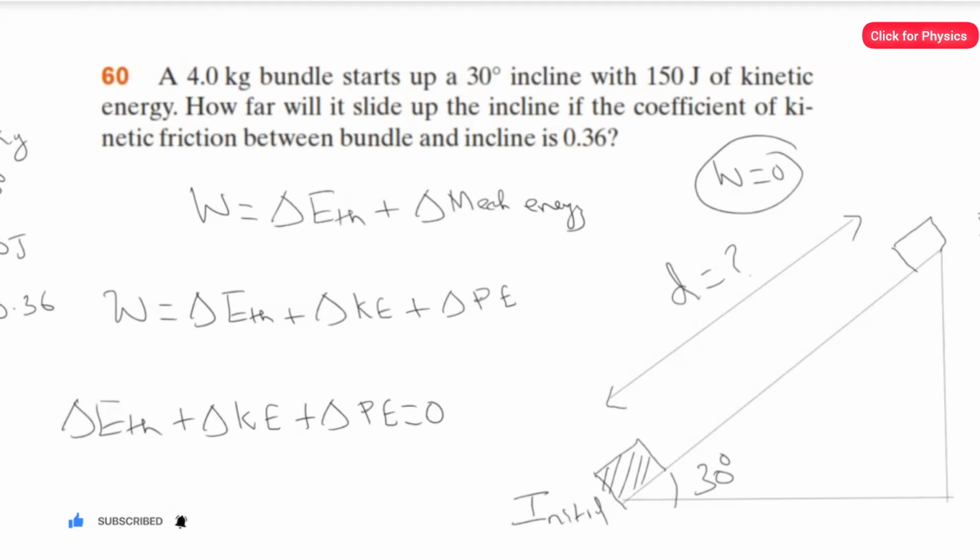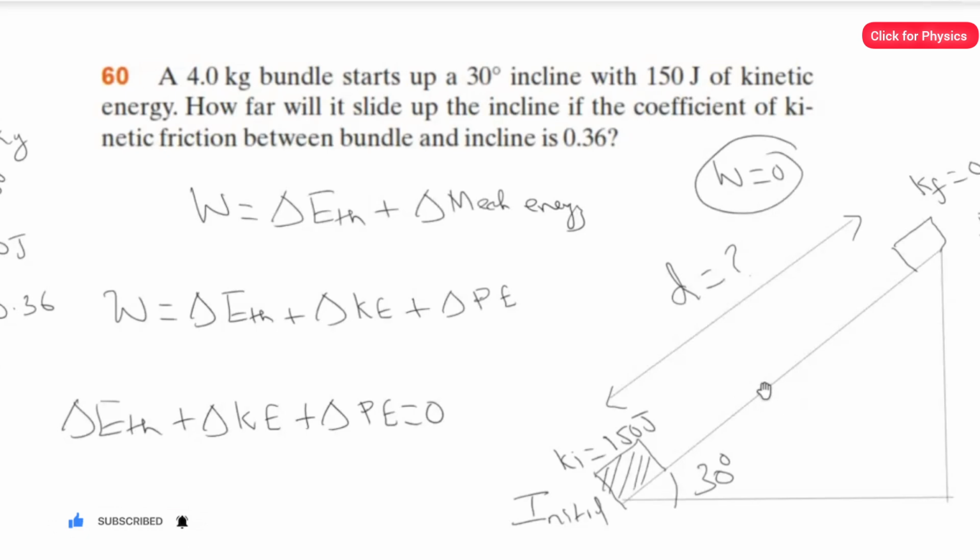As we know the formula for thermal energy, kinetic energy and potential energy, it will be easy to solve this question. In the initial point, the initial kinetic energy they mentioned is 150, that means Ki is 150 joules. When the bundle reaches the maximum, there is no speed, so the final kinetic energy will be equal to 0, because half m vf squared, if vf is 0, the final kinetic energy is 0.